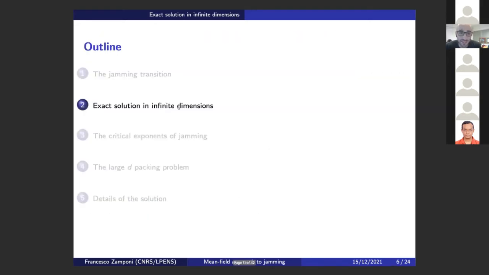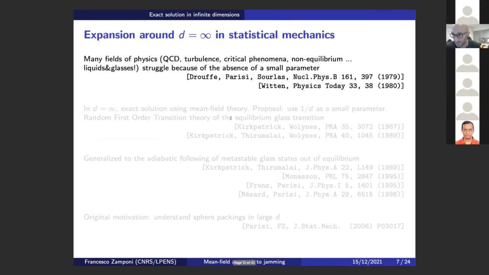So this is the second part of my talk. The idea is to build on what Shri described, and use expansions around infinite dimensions. The motivation for that is, as it happens in many fields in physics, in the case of glasses you don't have a small parameter that you can use to set up a perturbative expansion.